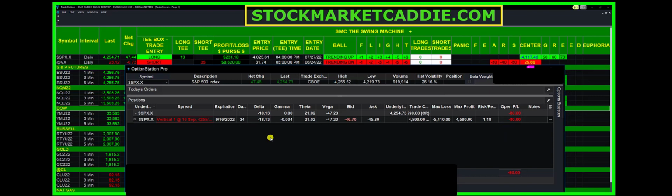That is how one can use, and how we do use, Swing Machine Plus to decide our options on not just the S&P cash, but on ETFs or on stocks. The ideal entry, and it's fairly easy to get these because Swing Machine Plus can be scanning hundreds, thousands of stocks, is to fade them when they're in euphoria, and buy them when they're in panic.